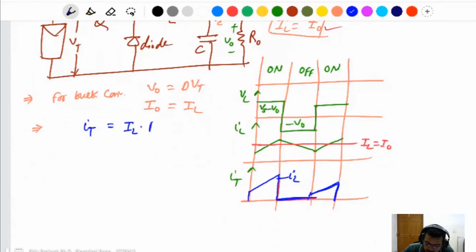It means multiplied by the duty cycle d. When the switch is off, it will be multiplied by 1 minus d, because IL into dT divided by T, where T is the total time period. IL is the same as I naught for the buck converter.